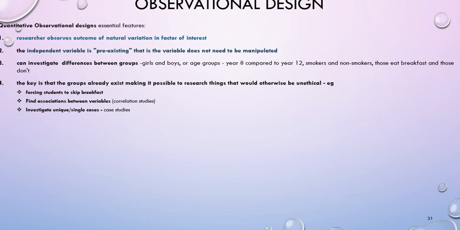Another characteristic of the observational design is that the groups are pre-existing, so it's much easier to observe them, because you don't ask them to participate in an unethical situation, like exposing children to violent games. For example, forcing students to skip breakfast to observe would be unethical. Forcing them to be sleepless would be unethical.